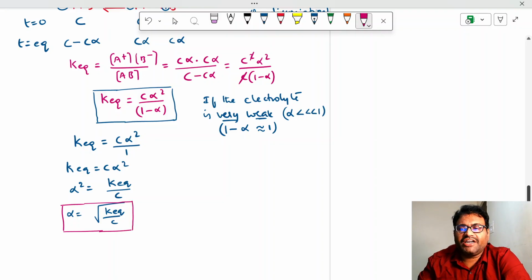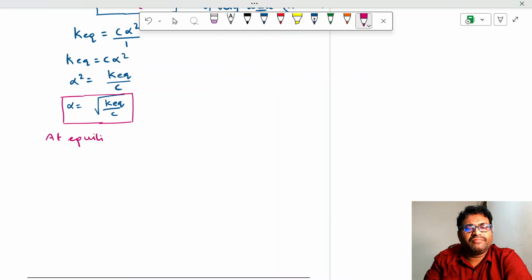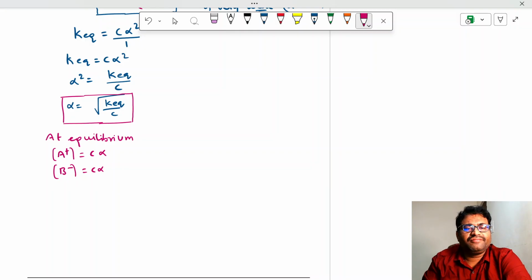Then we have studied that at equilibrium, the concentration of A plus is C alpha, and the concentration of B minus is also C alpha. Then what is C alpha? It is equal to C into alpha.